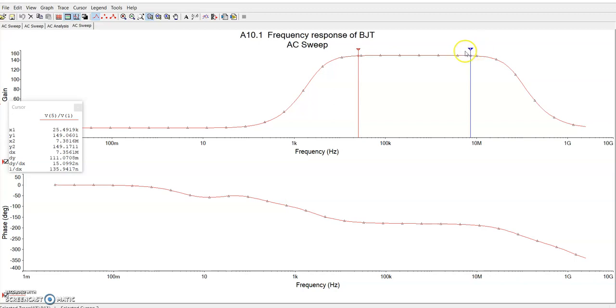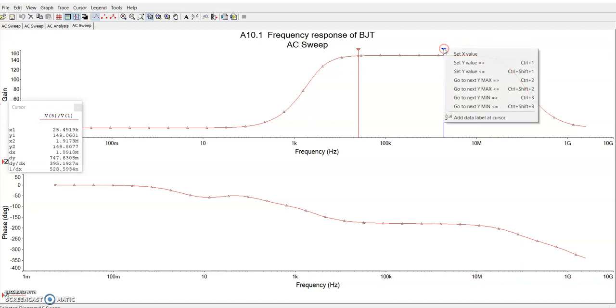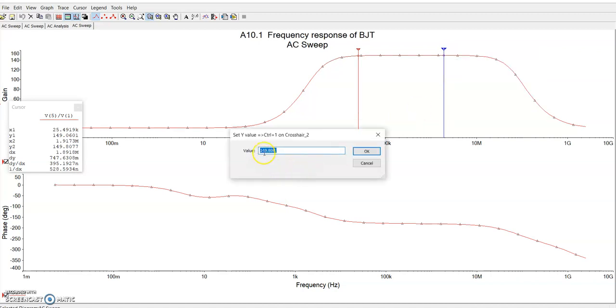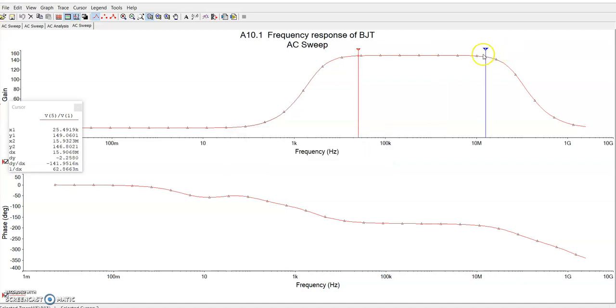You can move the cursors, or you can set the values. Right click on the cursor and set value. It's already 149. We can subtract 3 here. You can give 146 and give OK.